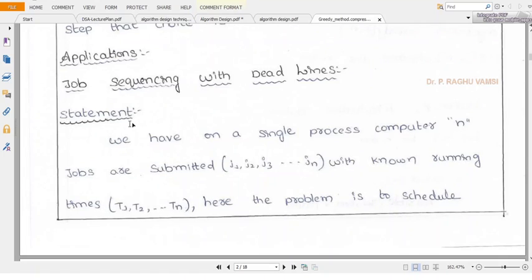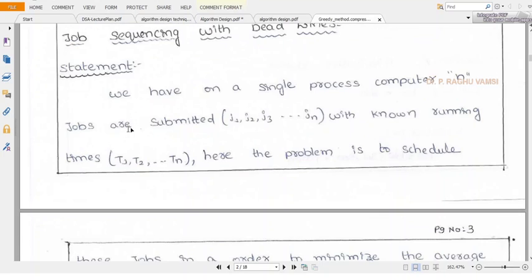For example, let us see the job scheduling algorithm. We have a single processor computer, that means only one processor is there on the computer, and n jobs are submitted: J1, J2, J3 and so on up to Jn, with known running times T1, T2, T3 and so on up to Tn.